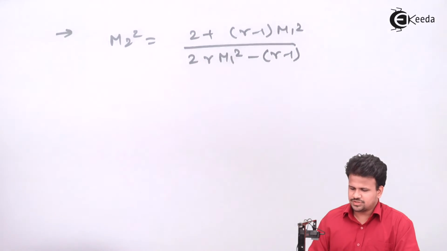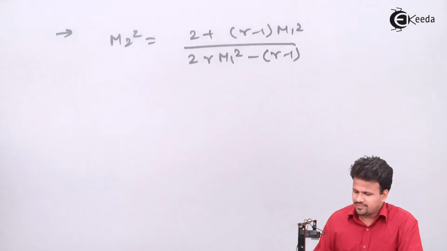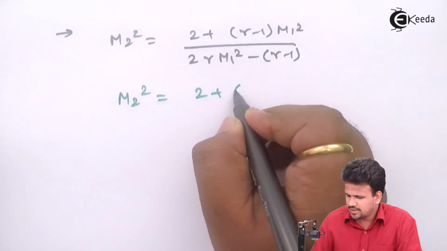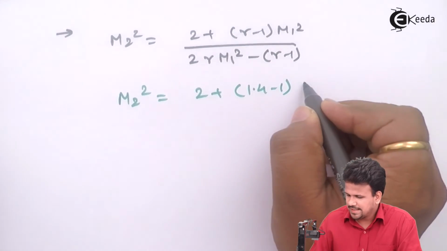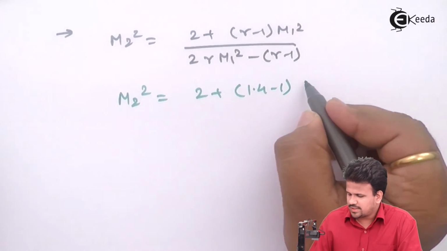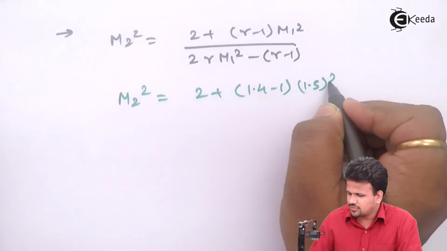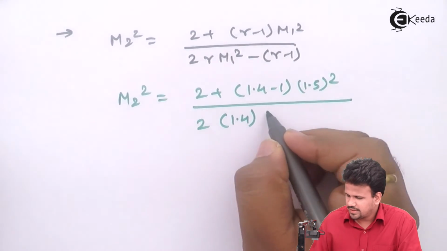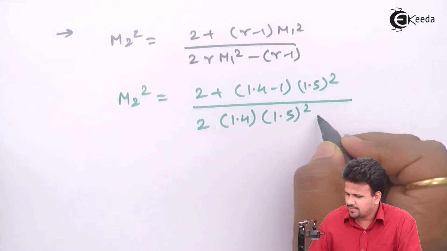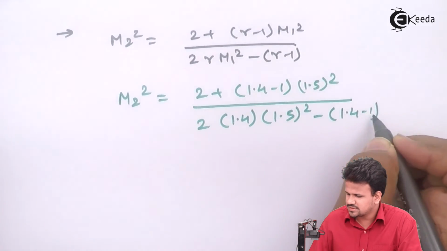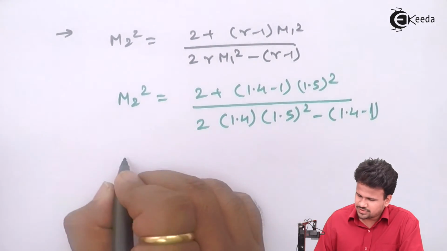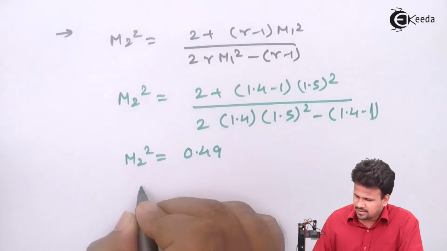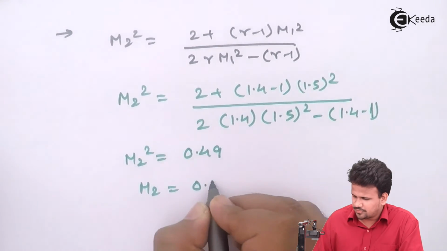Substituting the values, M2 square is equal to ((1.4 minus 1) into 1.5 square plus 2) upon (2 into 1.4 into 1.5 square minus (1.4 minus 1)). On evaluation, M2 square comes out to be 0.49 and M2 is equal to 0.7.